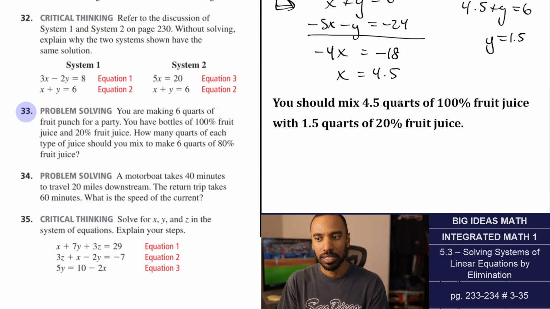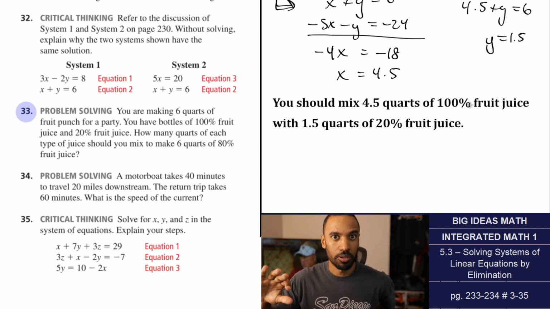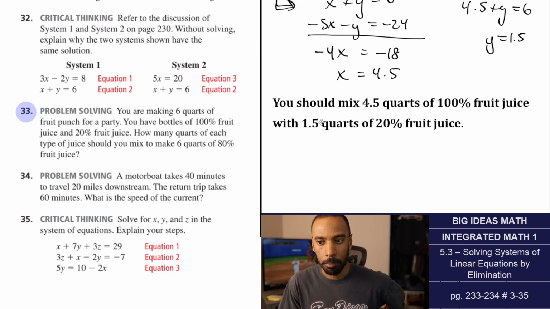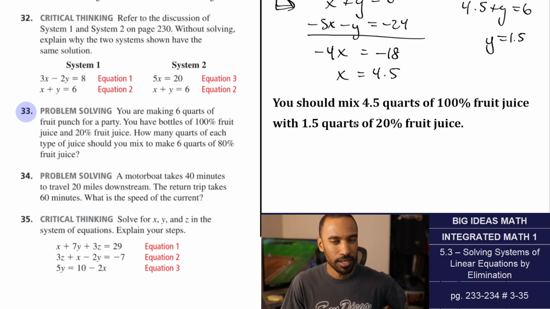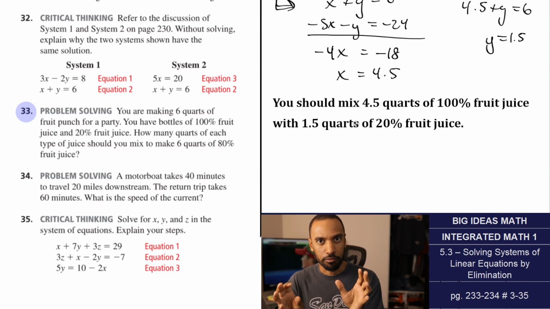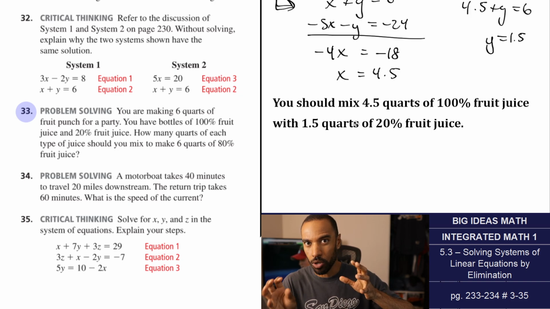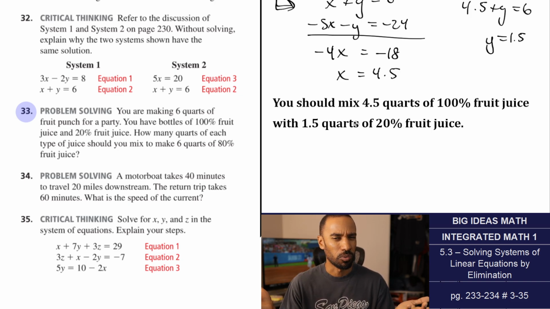So just as a double check, 4.5 quarts of 100% fruit juice when it's just thrown into the bowl, that's 4.5 quarts of fruit juice so far. Now you do 20% of the 1.5. What's 20% of 1.5? 0.3? Wait, is that right? Yeah, 0.3. That's 0.3 quarts of that fruit juice. It's 20% fruit juice. So if you mix 1.5 quarts of 20% fruit juice, 0.3 of those quarts will be fruit juice. The other, I don't know, what does that make it?